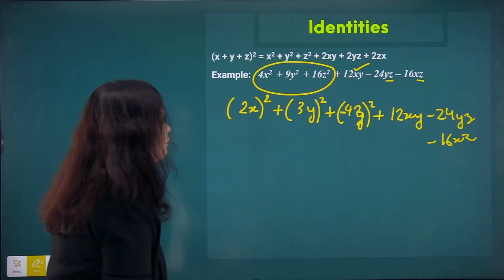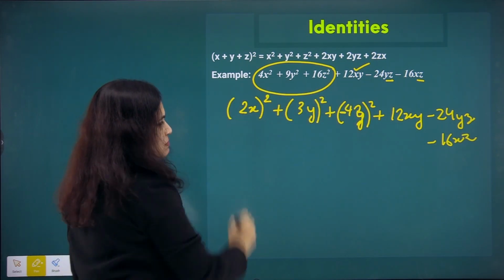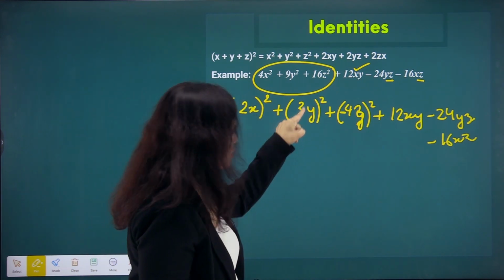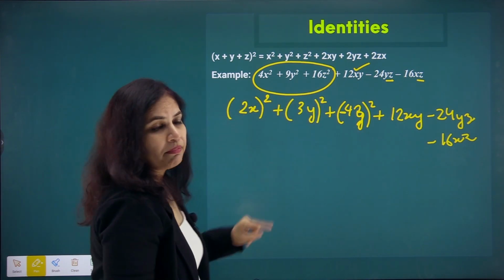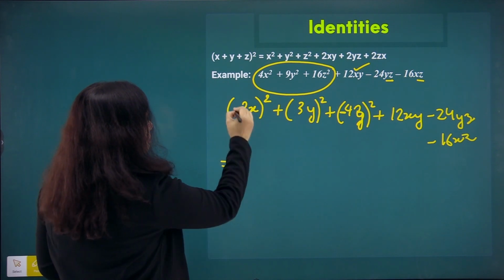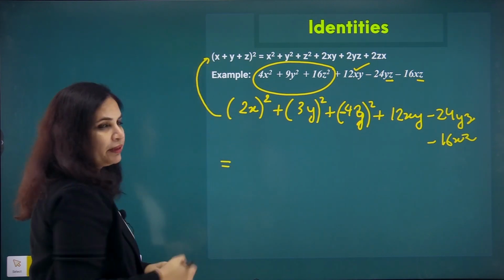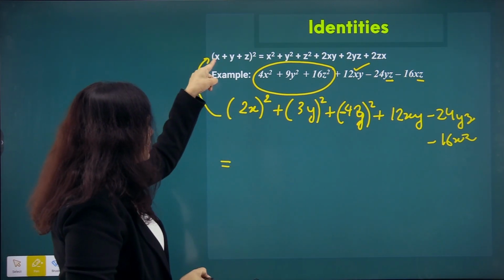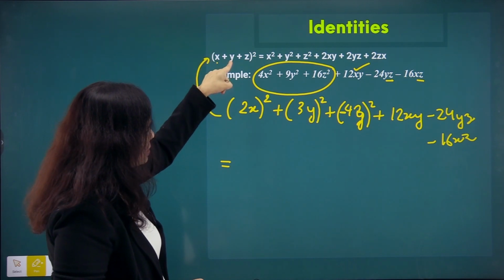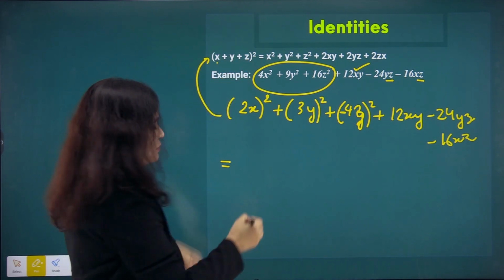See, now I have found that my first term is 2x, second term is 3y, and the third term is minus 4z. So, this identity is complete, where the first term is 2x, second term is 3y, and the third term is minus 4z.